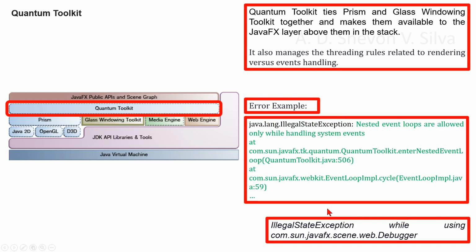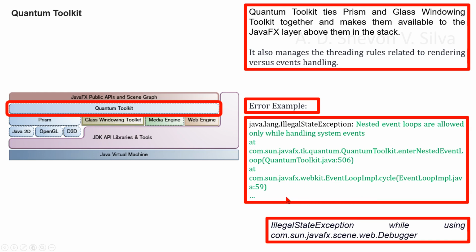As an error example, we can consider this. This occurred as an IllegalStateException while using com.sun.javafx.scene.web.debugger.